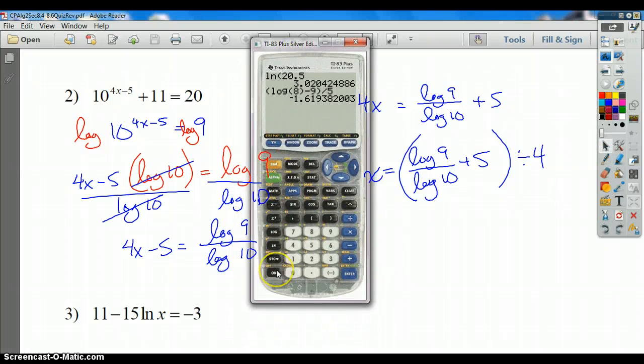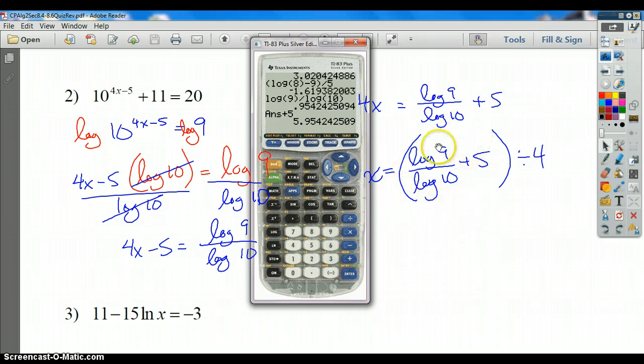All right, so you watch how we do this. We're going to go log of 9, close parenthesis, divided by log of 10. I'm going to let the calculator do that first. Now I know I'm going to add 5 to that, so plus 5. Hit enter. There's my next solution. So this is 5.954, and keep going there.